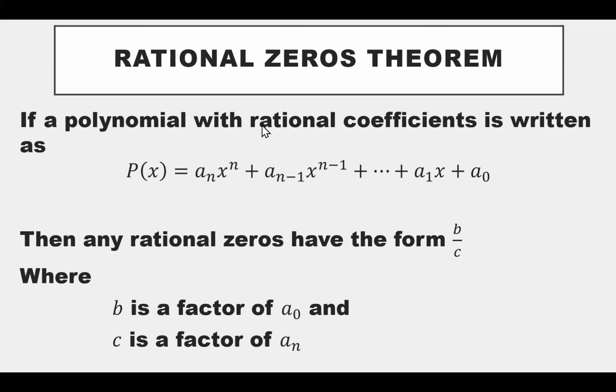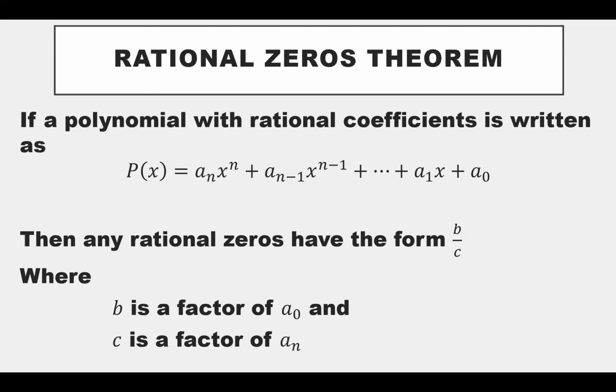for polynomials with rational coefficients. So if a polynomial has rational coefficients, then any rational zeros will have the form b over c, where b is a factor of my constant term, and c is a factor of the leading coefficient. This gives me an organized way to check for rational zeros of our polynomial.